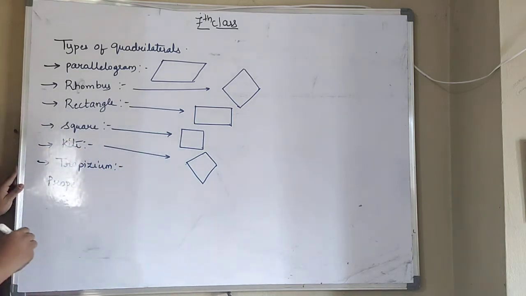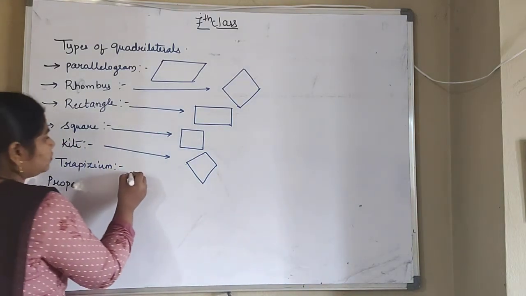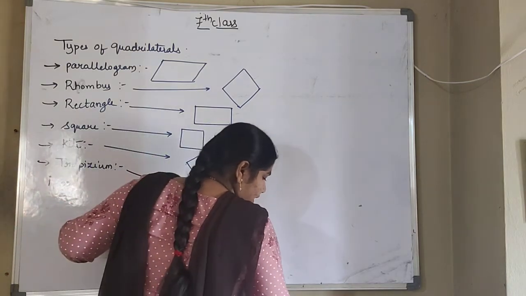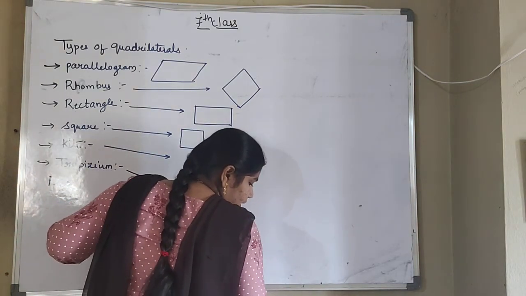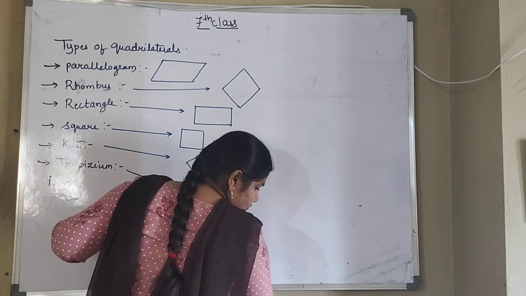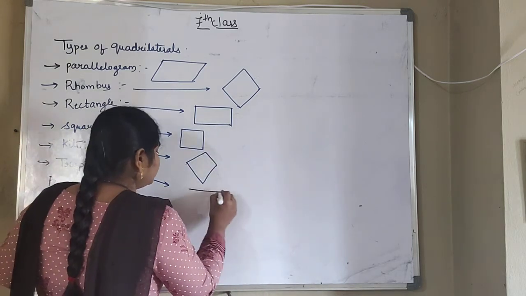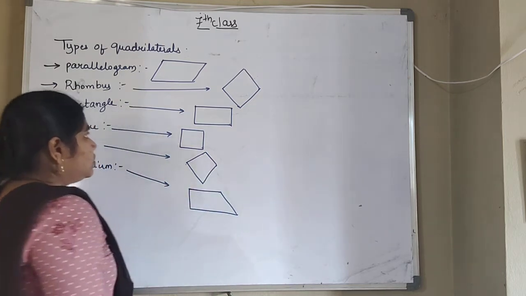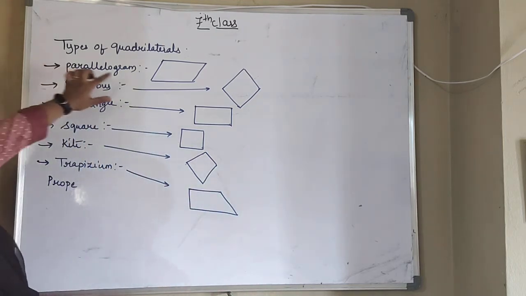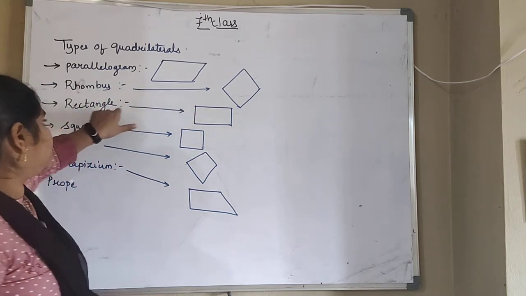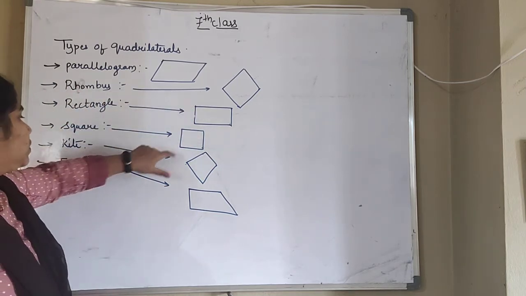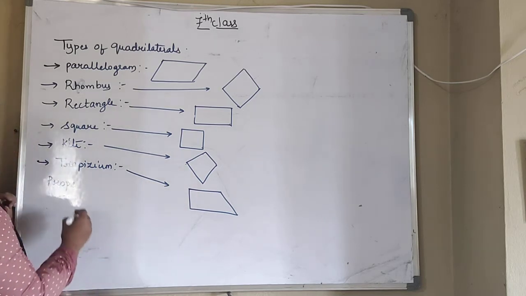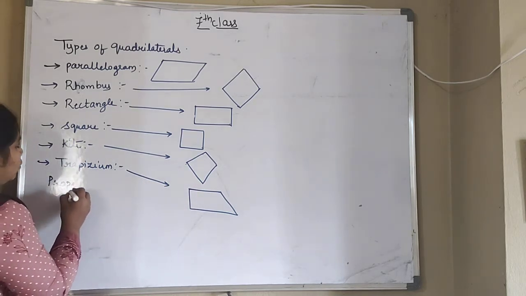Kite is this form. Trapezium: only one pair of opposite sides will be parallel. So what are the figures? First one is parallelogram, second is rhombus, third is rectangle, fourth is square, kite, and this is trapezium.